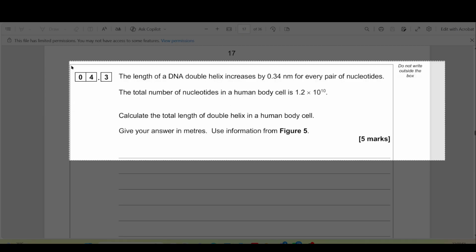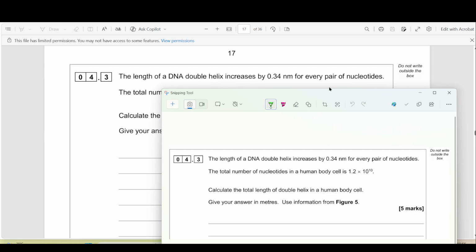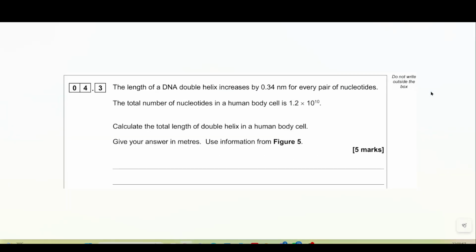The length of a DNA double helix increases by 0.34 nanometers for every pair of nucleotides. The total number of nucleotides in the human body cell is 1.2 times 10 to the power of 10. Calculate the total length of the DNA in a human body cell using information from figure 5.